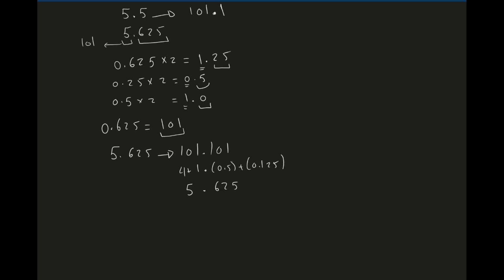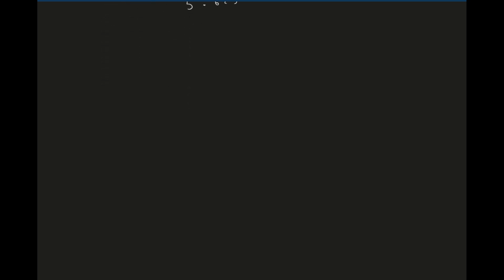So let's do another example. Let's say I have 0.6875. I want to convert this fraction from decimal to base 2. So, like I said, I multiply it by 2. I get 1.375.